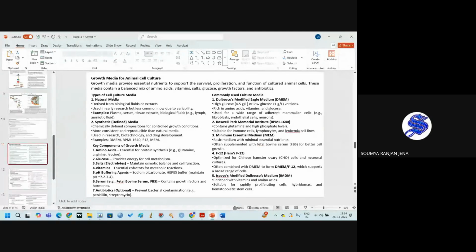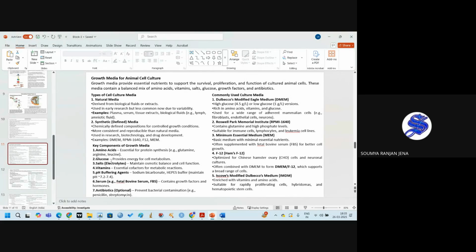If we go to the key components of this culture media, the first one is amino acids, which are essential for protein synthesis. This is important because this is the building block of the cells. Most of the time glutamine, arginine and leucine are essential, so these would be there in growth media.